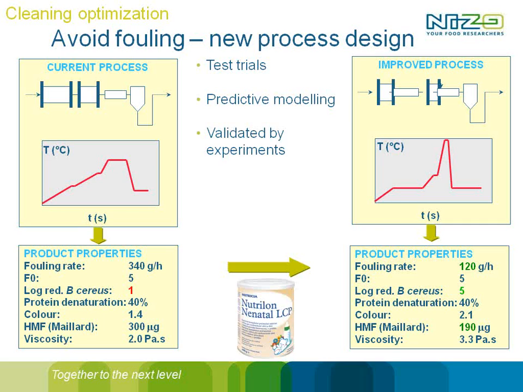So it's a better heating process, and it's shown in the term HMF. These are Maillard products. They were formed quite heavily, so you got a slight off taste. With these new process settings there was a reduction of these Maillard components, so your product properties themselves were also improved.